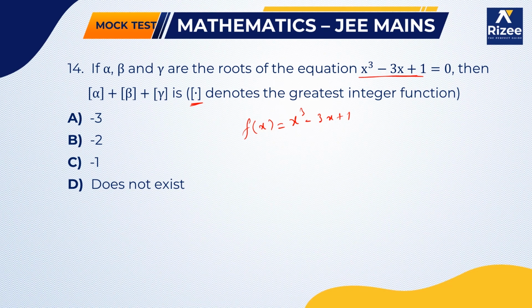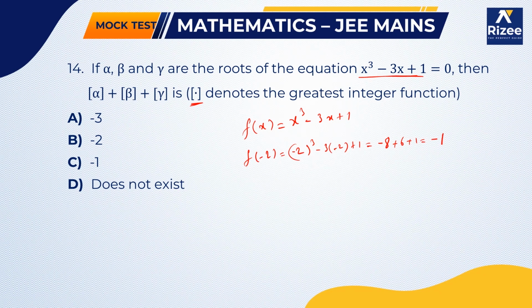I am going to the verification method, or substitution method. First I am substituting f of minus 2: minus 2 whole cube minus 3 into minus 2 plus 1, which is equal to minus 8, minus into minus plus 6, plus 1, which is equal to minus 1.